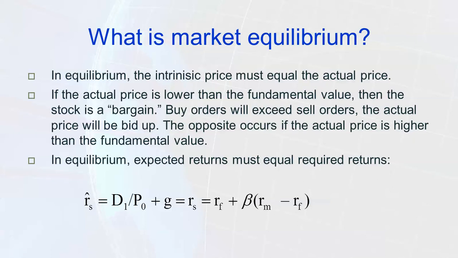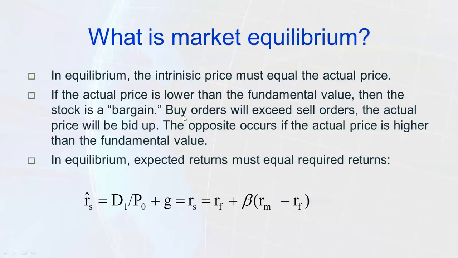Now let's talk about market equilibrium. What is equilibrium? In equilibrium, the intrinsic price must be equal to the actual price in the market. If the market price is lower than the intrinsic value, the fundamental value, then the stock is a bargain.